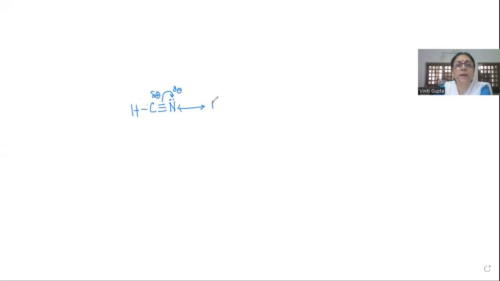So here you have a negative side and here you have a positive side. As a result, these electrons come to carbon atom and we get H plus and we get a CN negative. This is the first reaction which takes place.